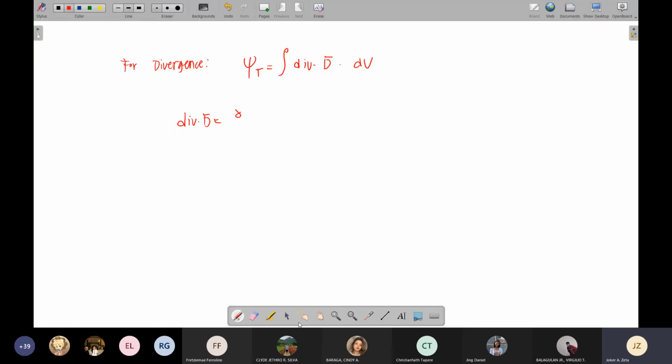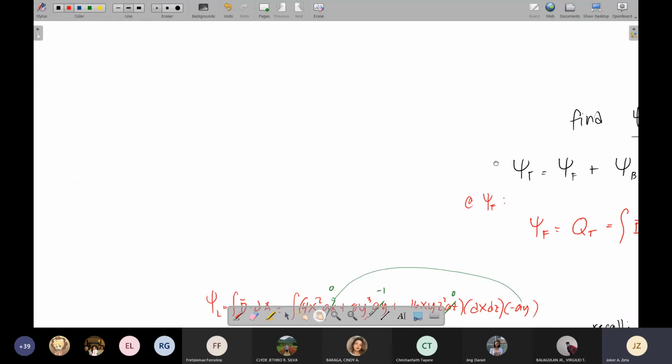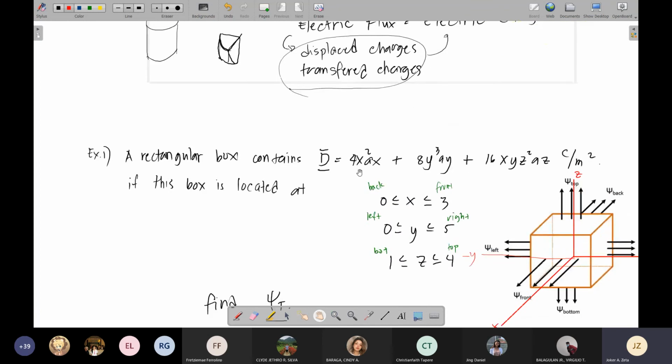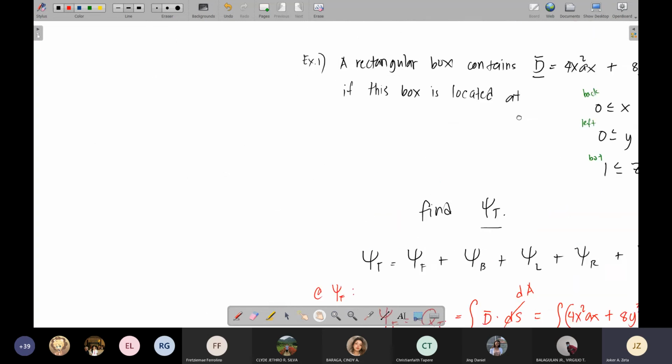So, it's direct. The x component of our flux density is 4x squared. The y component is 8y cubed. And the z component is 16xyz squared.